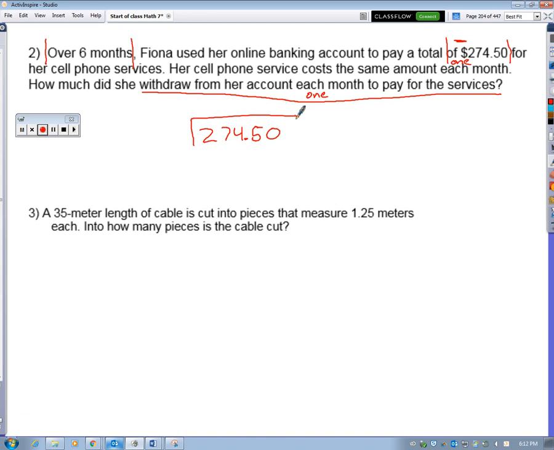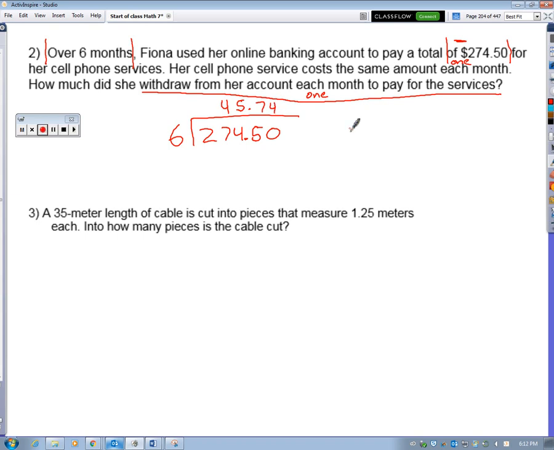And we're going to divide that by 6 for 6 months. And if you do the division out on that, you are going to get $45.74. Okay, that would work out to, your 4 would go right there, $45, decimal point, and 74 cents.